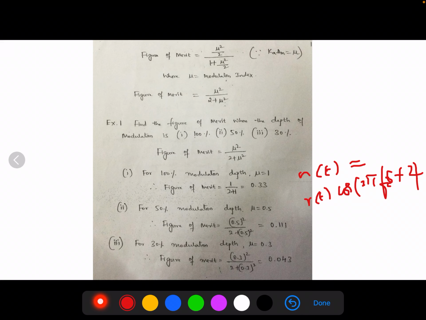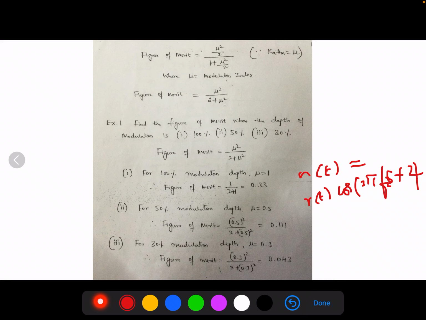To the noise phasor R of t, we have added a phasor representing the signal term Ac into 1 plus Ka into m of t, with the angle between them being equal to the relative phase psi of t, which is between the noise n of t and the carrier cos 2 pi fct. So it is assumed that the carrier to noise ratio is low, that the carrier amplitude Ac is small compared with the noise envelope R of t, at least most of the time.